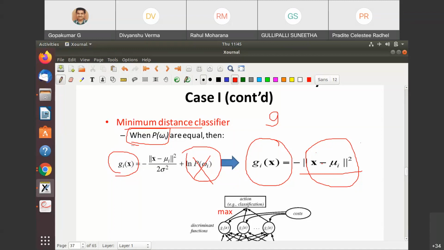Because this is a minus 1, larger values of g of x correspond to this value being minimum. So the feature vector must be classified as the class for which the feature vector is closest to the corresponding mean vector. That is actually called a minimum distance classifier.